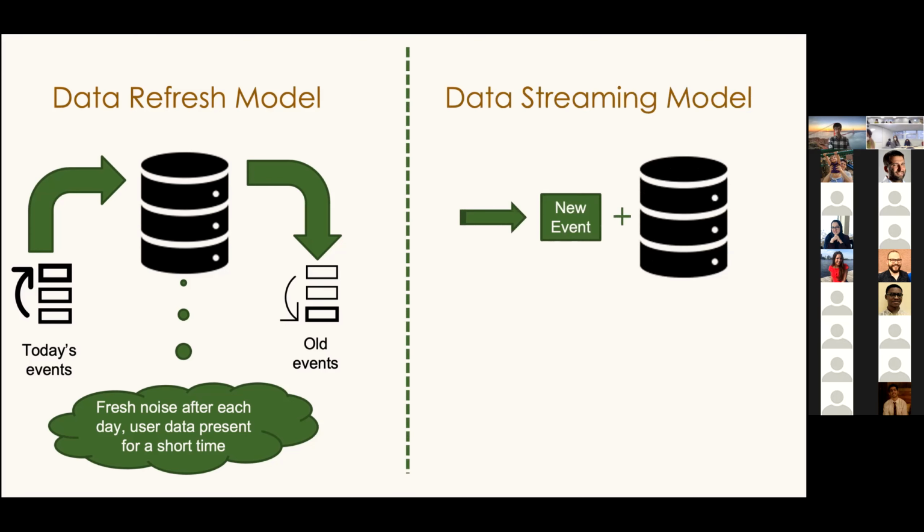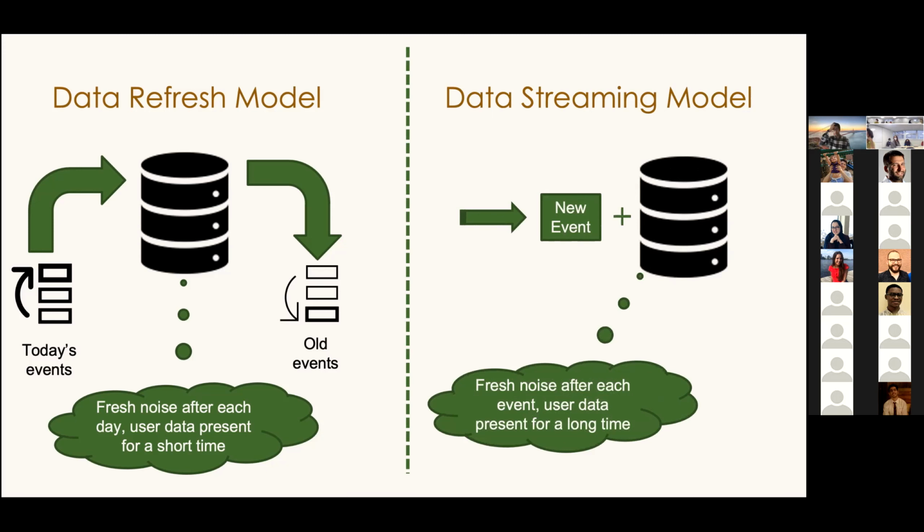I want to contrast that with the data streaming model, where events arrive in real time and are just thrown into the data set and appended, getting larger and larger. Maybe the data set stops at some point and gets completely wiped out, but the time range is a lot longer.